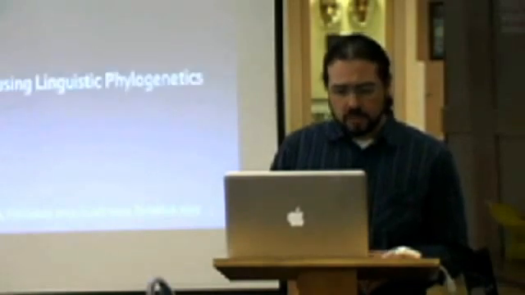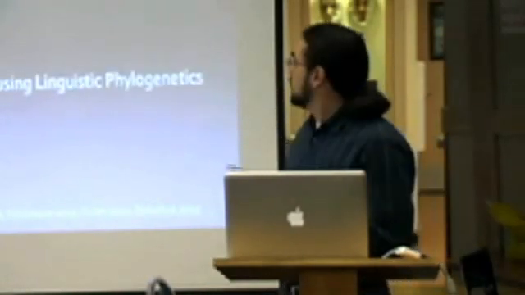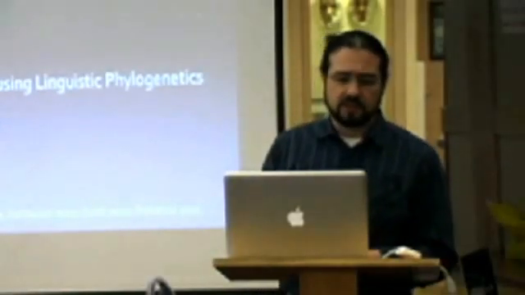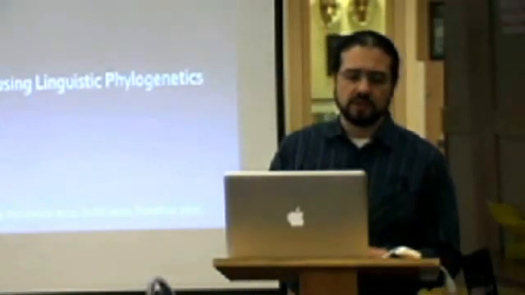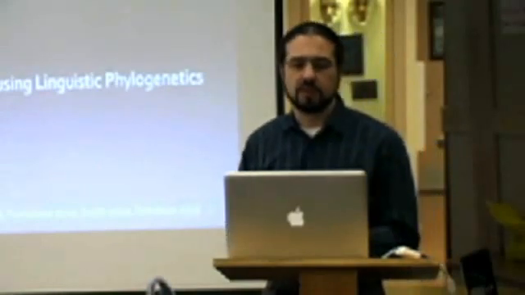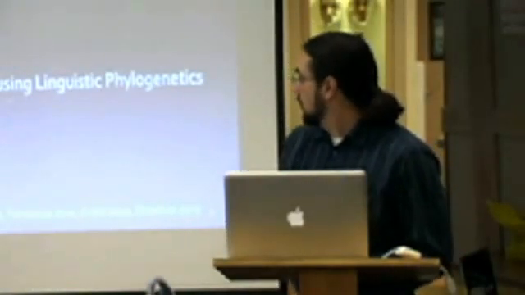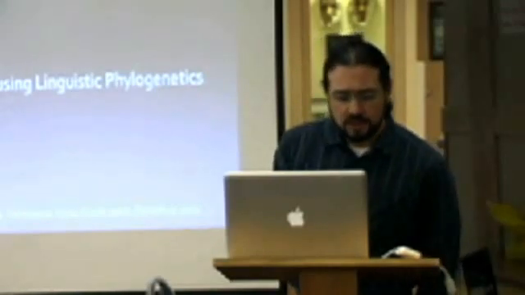These three hypotheses have been suggested by several people, including Comrie, Fortescue, Scott, and Donahue. So we're testing, like I said, the first two of these using linguistic phylogenetics. Particularly, we're doing neighbor net analysis through a program called SplitsTree, and Bayesian analysis through a program called MrBayes.